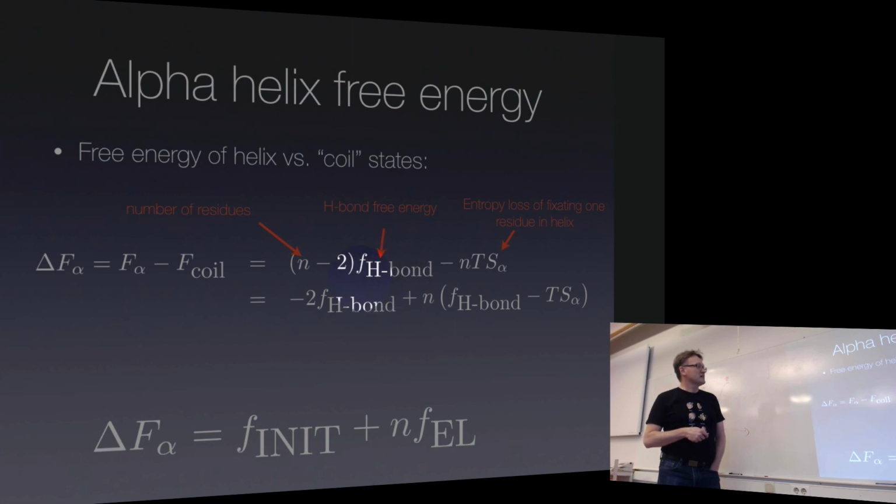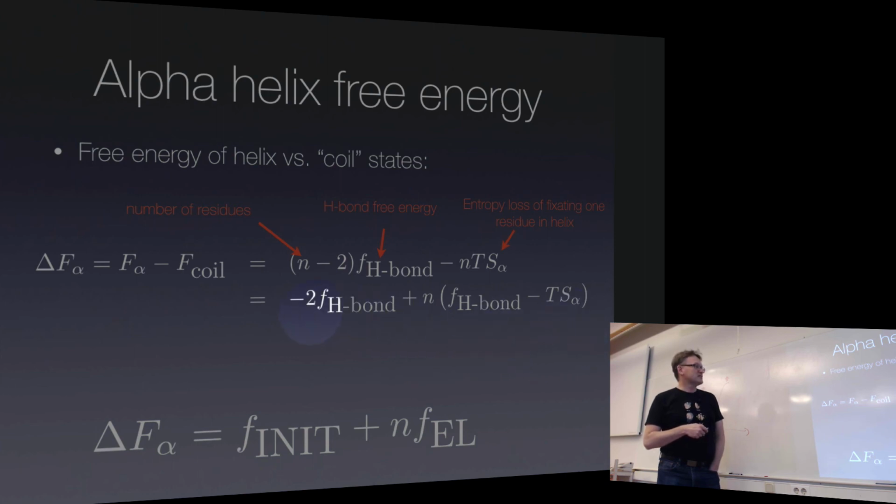And then there's one term here, minus 2 F_H-bond, that does not depend on n. And then n multiplied by F_H-bond and n multiplied by the entropy term both depend on the number of residues. So we're going to have one term here that is constant and one term that is proportional to the number of residues.